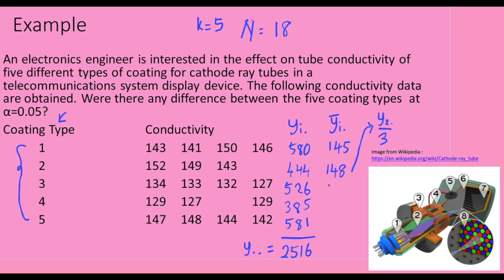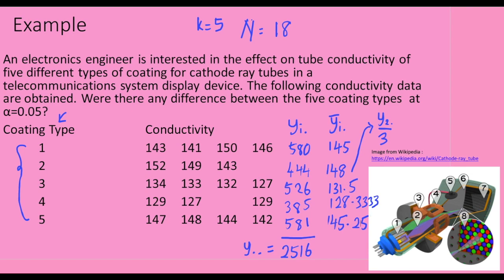Here, y bar 3 dot is 131.5. Next, 128.3333 and 145.25. Since y bar dot dot will never be asked, I am just leaving it empty for the time being.